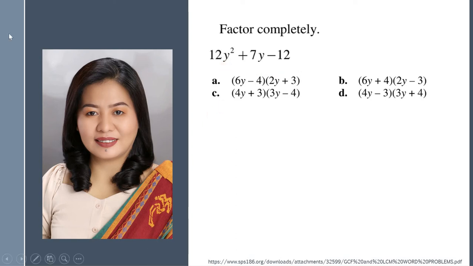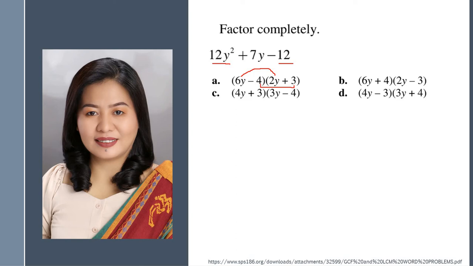So we start with the first one. The first and the last term are correct. That's 6y times 2y is 12y squared, and 2 times 6 is 12.